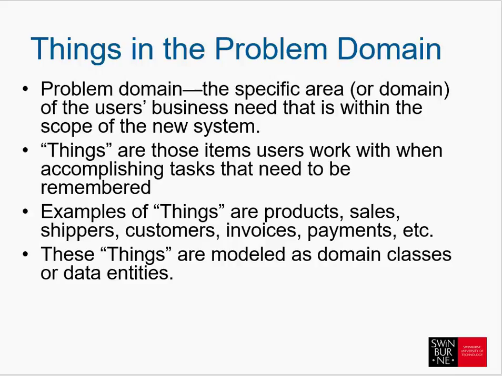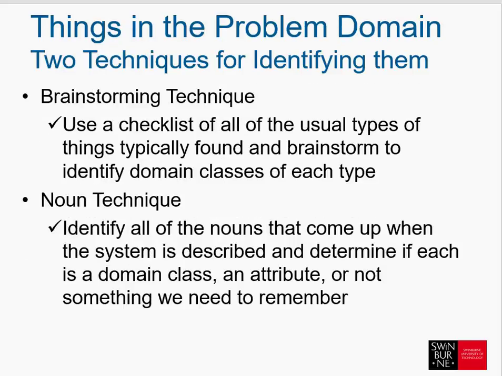For example, a customer is a person who places an order, but the system needs to store information about the customer, so the customer is also a thing in the problem domain. There are many techniques for identifying important things in the problem domain that the system needs to remember.